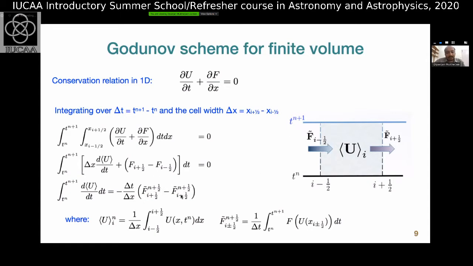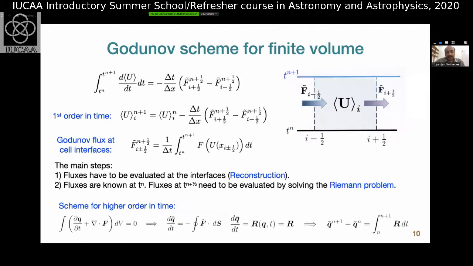So this is somewhere in between n and n plus 1, and we call it n plus half. At the initial start of the simulations, we already have the fluxes at time tn. The main job is to find the fluxes at the cell interfaces at the n plus half stage, so that we can follow this evolution of the equation.